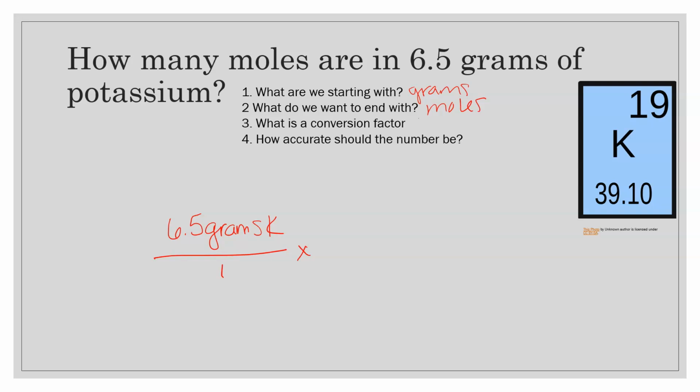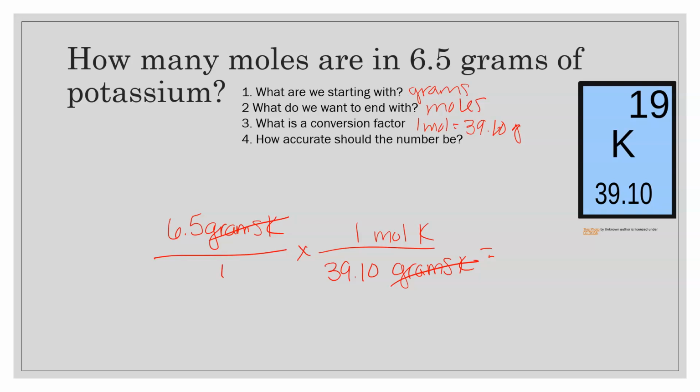We know our conversion factor is 1 mole has 39.10 grams in it. So we're going to put grams of potassium down here. We know that in 1 mole of potassium there is 39.10 grams. Cross off the units, and we're left with moles, which is what we want.